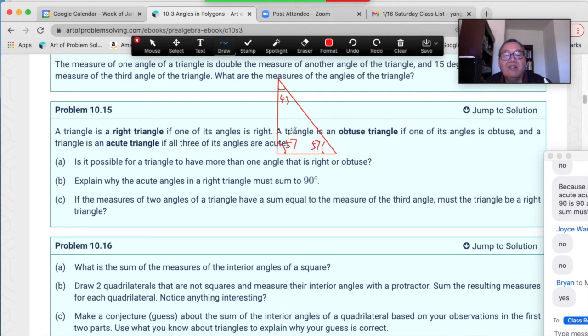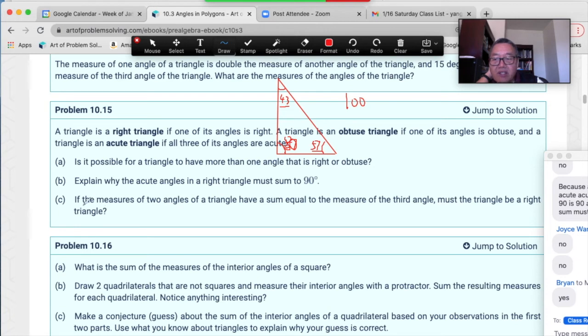And 100 is more degrees than a right angle, so it's an obtuse angle. But you see, if you add 43 and 57 together, you got 100 degrees, right? So 100, but 100 is not equal to this 80.